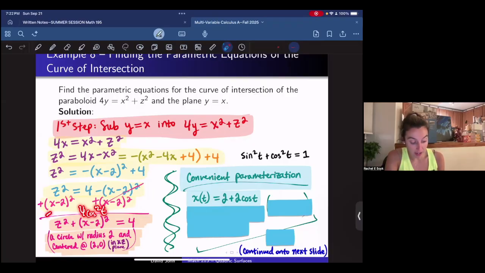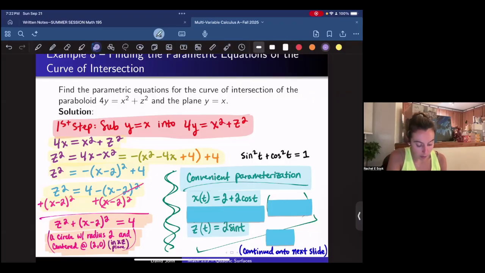And then our z squared, we want it to be some form of sine squared t. How do we get 4 sine squared t? We have our z of t to be 2 sine of t, because when we square that, we get our 4 sine squared t.